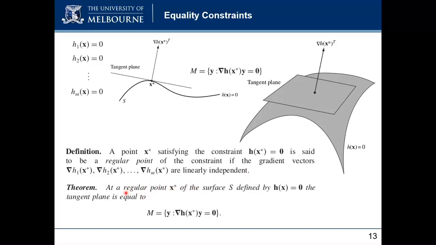And then at a regular point, the tangent plane, that hyperplane, is defined in general for a regular point of the surface S. The surface S in this case will be the constraint set.